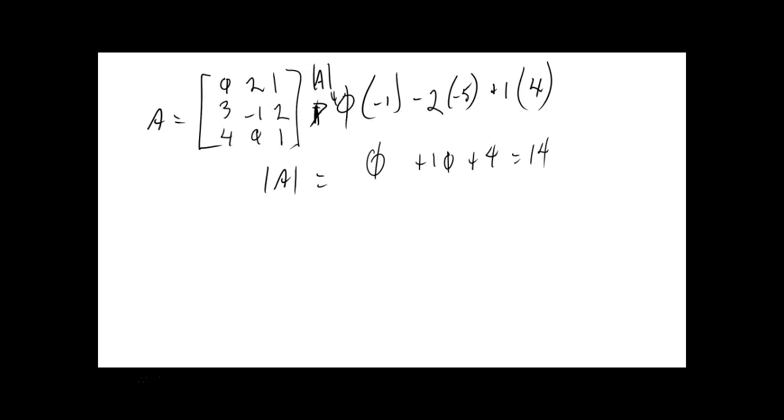I gave you several choices, but you can choose any one you want to, other than the first row. Second column, I like that one. So determinant of A from that would be, okay, now this is how I do it. If this confuses you, don't do it this way, do it the way the book says.